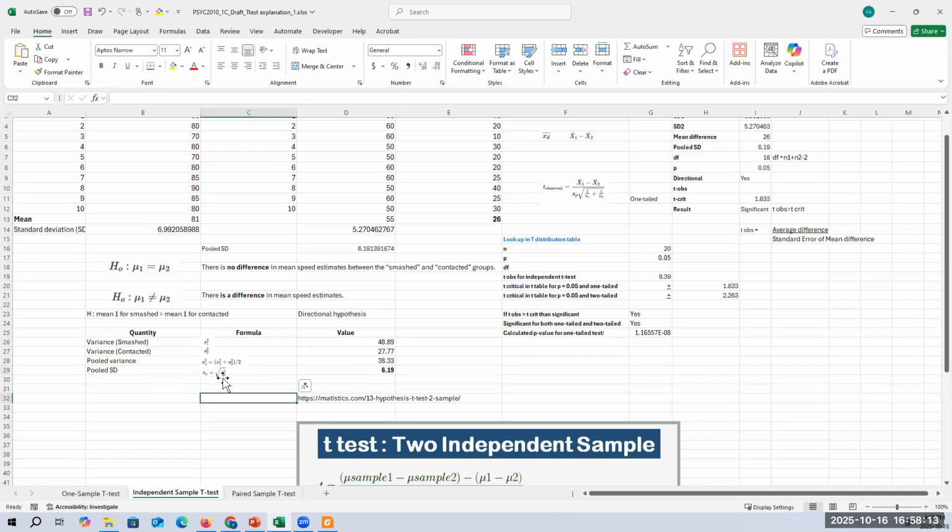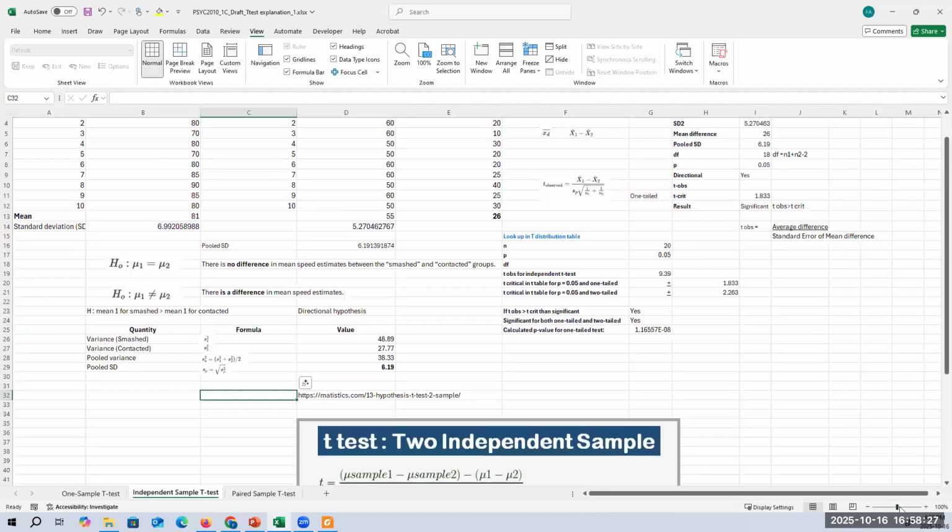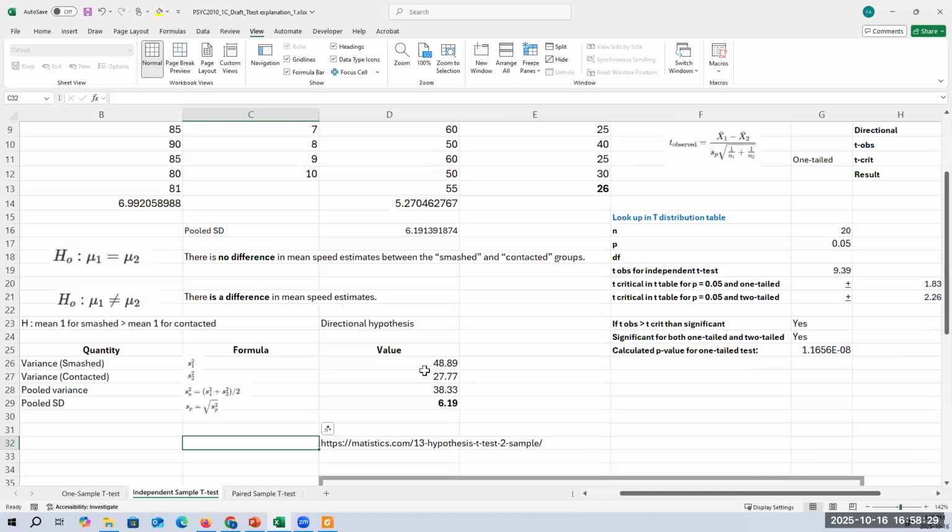So let me zoom in a bit more for you. Now you can see what I mean. You get the variance for the smashed and the variance for the contacted.